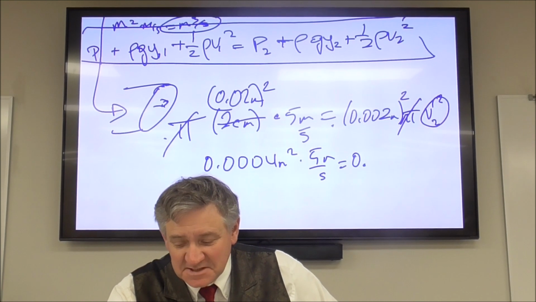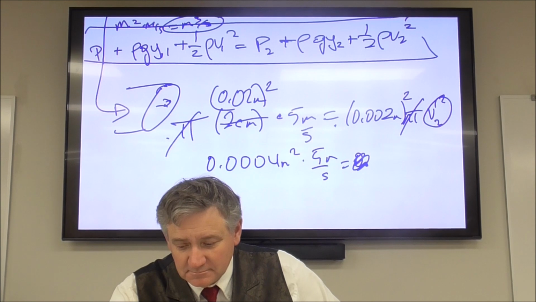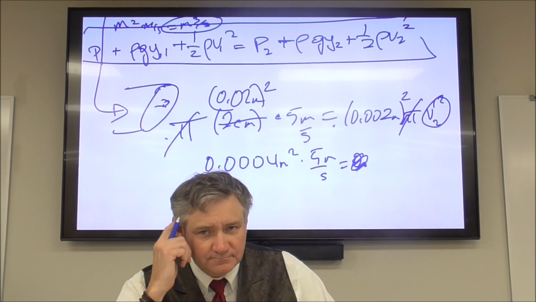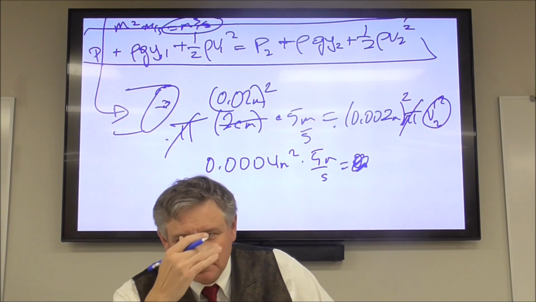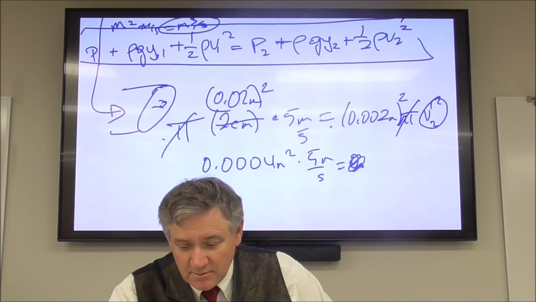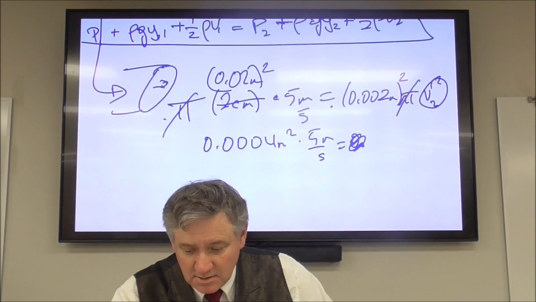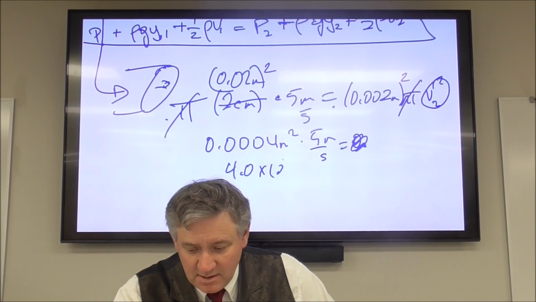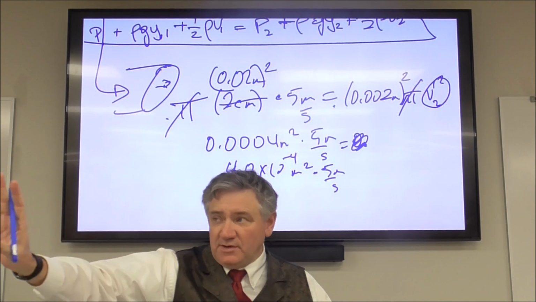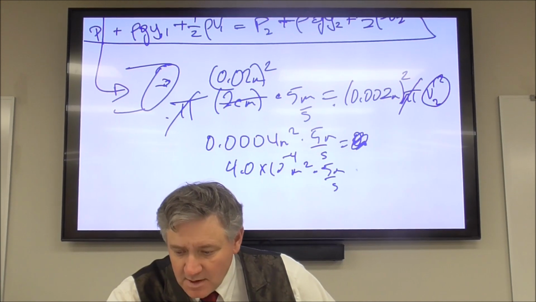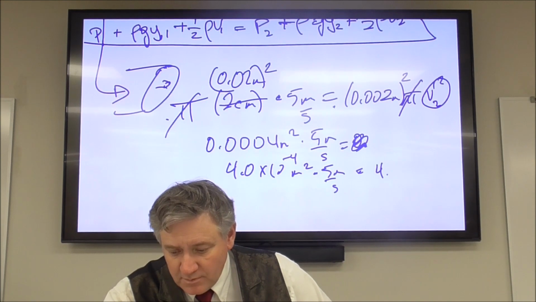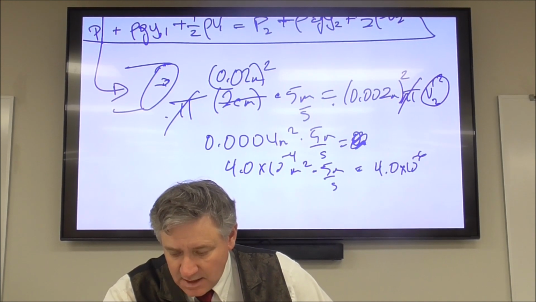I wanted scientific notation anyway. 0.02 squared is 4 times 10 to the negative fourth meters squared times 5 meters per second, and I'm just going to leave that out there, okay? And then 0.002 squared gets you 4 times 10 to the negative sixth, times some velocity.